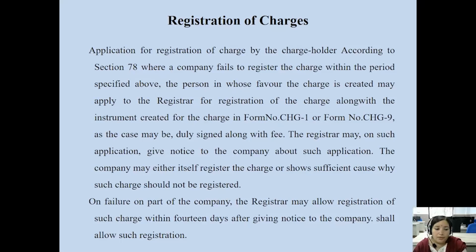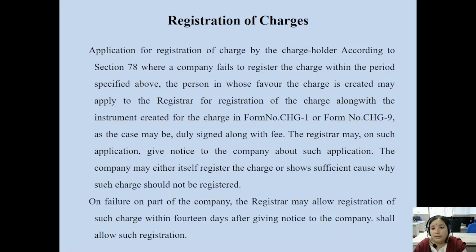Then, on failure on the part of the company, the registrar may allow registration of such charge within 14 days after giving notice to the company, and the company shall allow such registration. So on failure on the part of the company, the registrar may allow registration of charges within 40 days. And for that, you have to give a notice to the company to that effect, and the company shall allow such registration with the ROC.